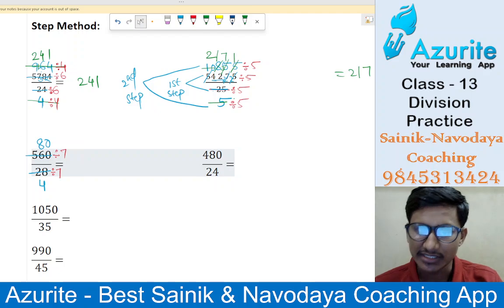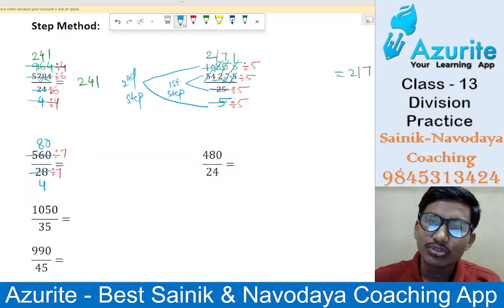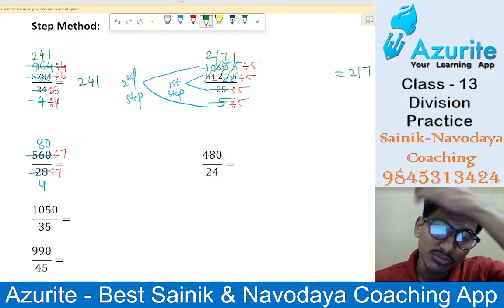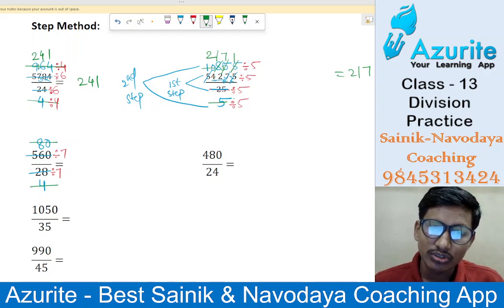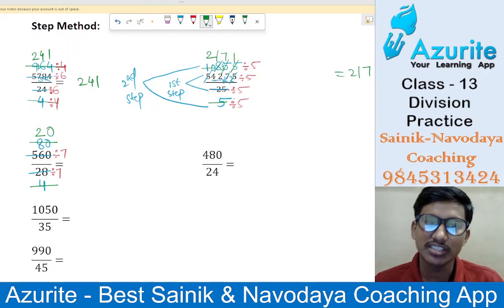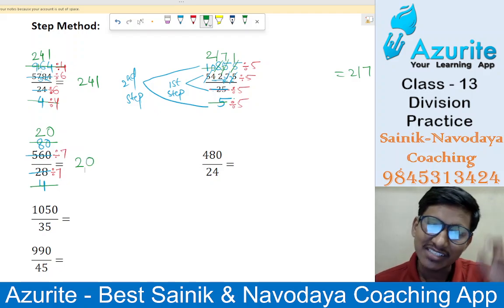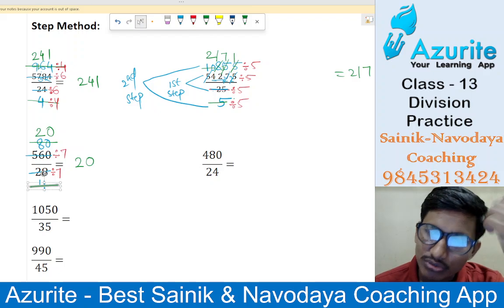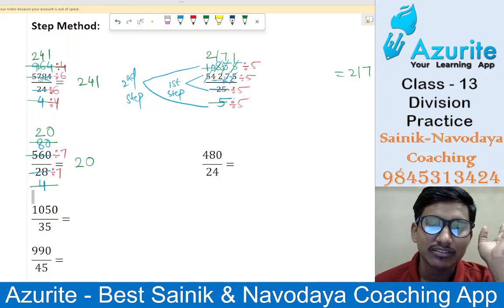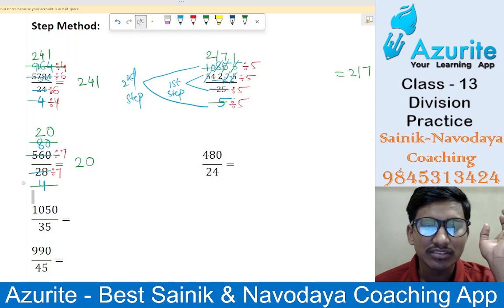Now what you have to do? We have to again divide with 4 now. 4 how much are? 4 2s are 8, and 4 zeros are 0. So the final answer will be 20. At last, you can do it directly. 4 is there, directly you do it 4.